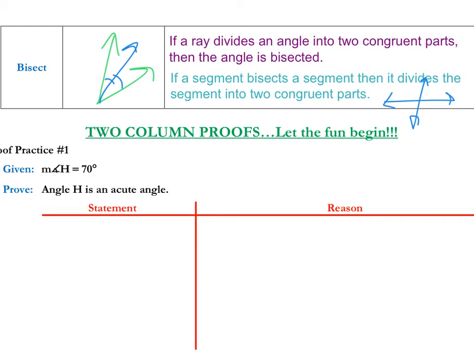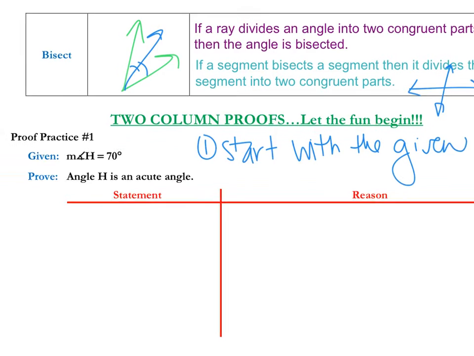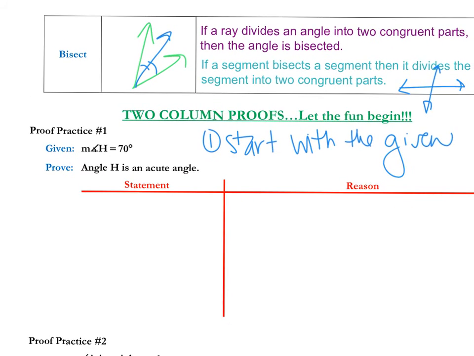All right, so two-column proofs. You're always going to start with the given. Basically, we have to prove what the problem asks us to. When you're doing this, you have to assume that I know nothing when I am reading your proofs.